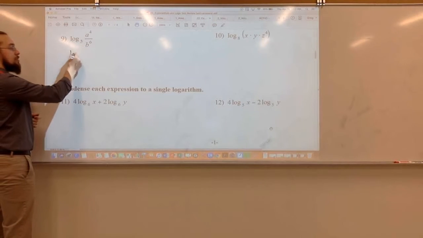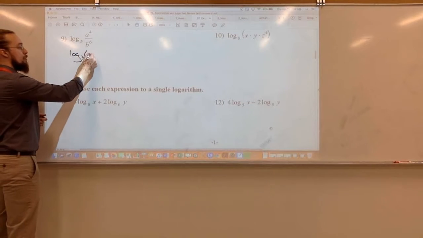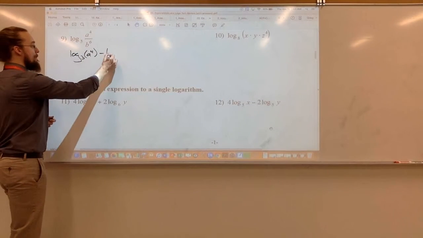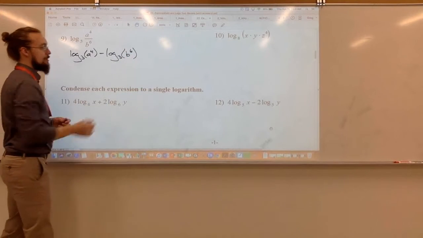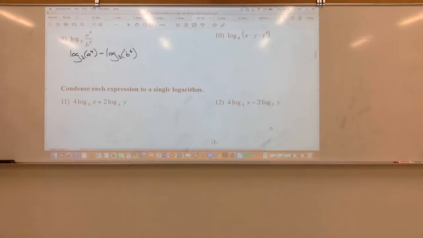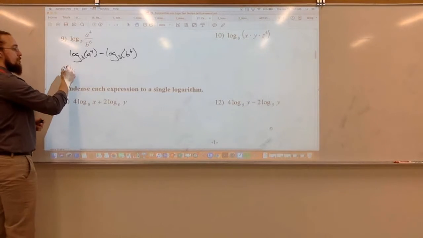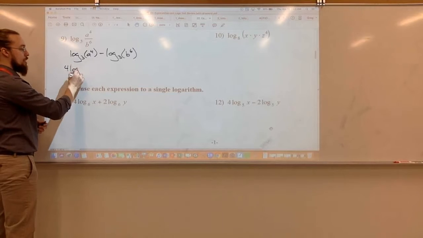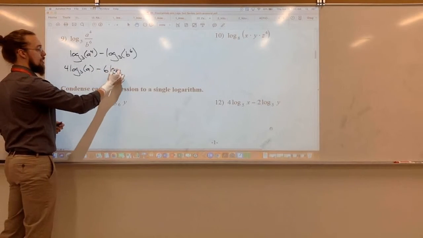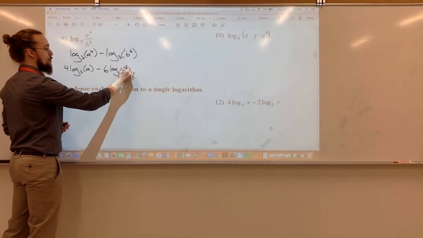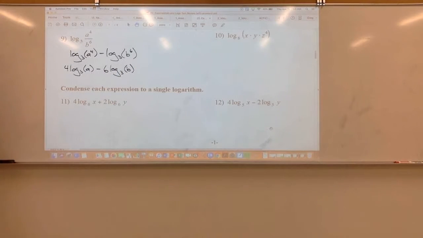So this is the same as log base 3 of a to the 4th minus log base 3 of b to the 6th. Then, if I have exponents, I can bring those out front as coefficients. So this is 4 times log base 3 of a minus 6 times log base 3 of b. That's as far as we can expand.